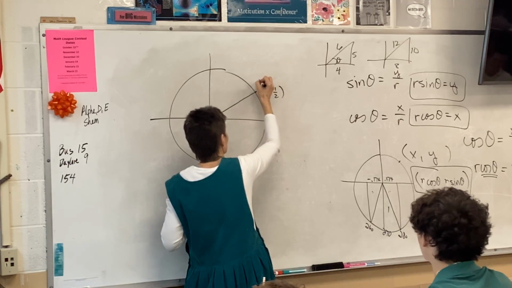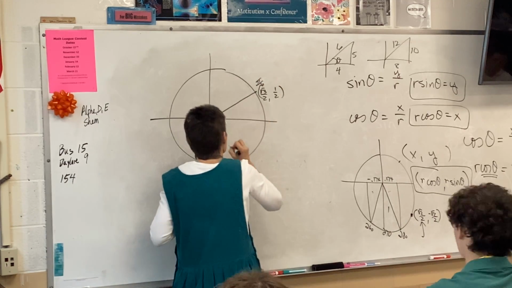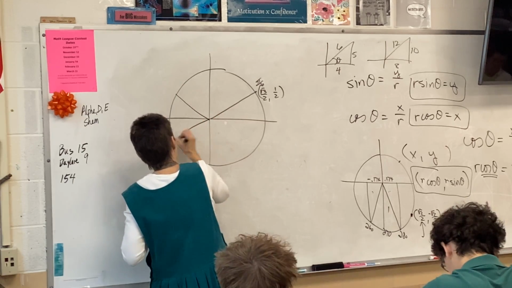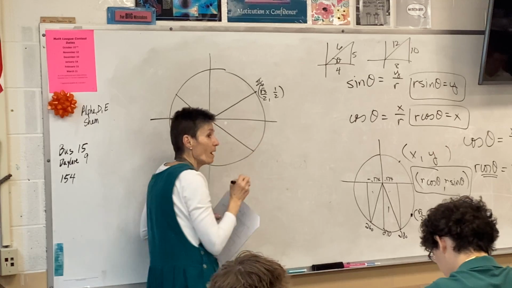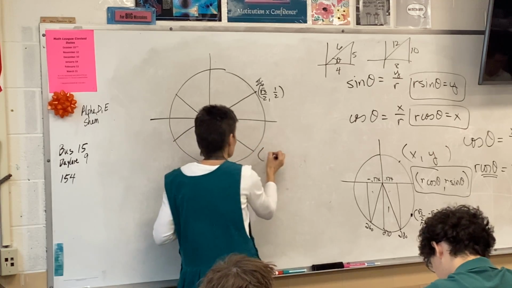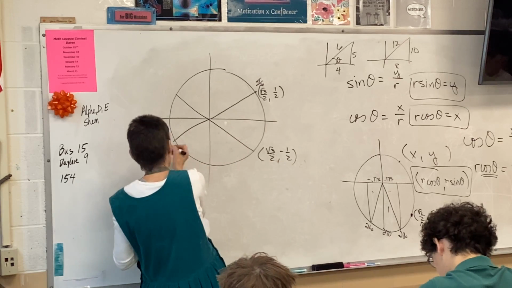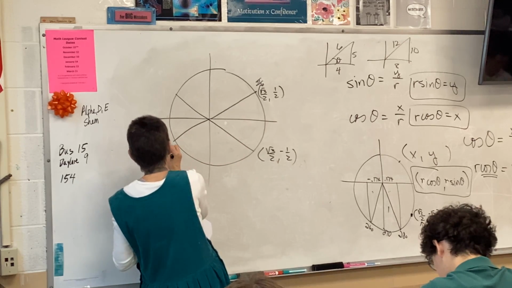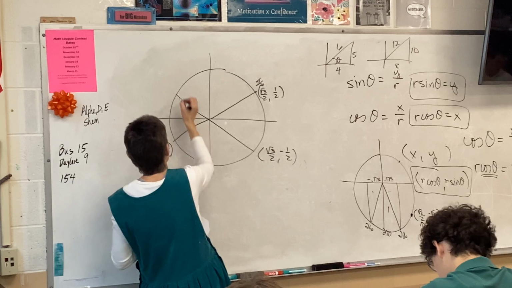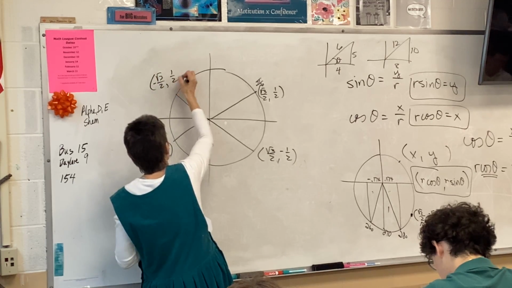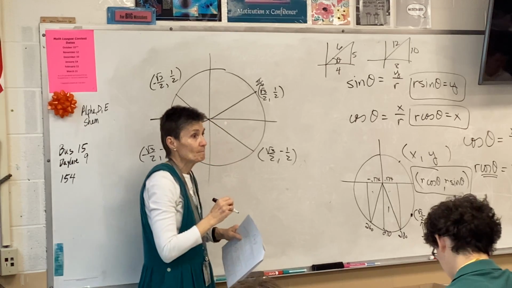So this is a pi over 6 angle. Now, remember, the beauty of the unit circle is all of the corresponding pi over 6's are going to have exactly the same coordinates. In other words, they're going to have the same sine and cosine except for negatives. Would you agree with that?